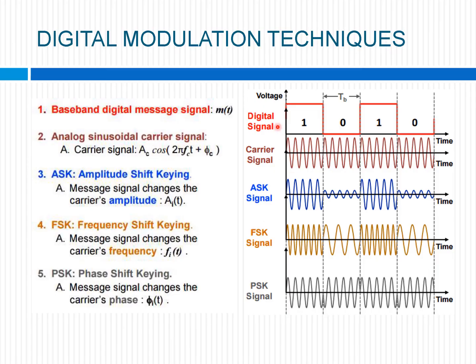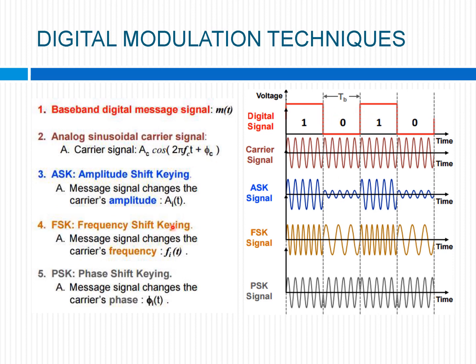So to summarize, we have discussed 3 digital modulation schemes. The input signal will be digital, and the analog carrier signal will be analog in nature. In amplitude shift keying, we change the amplitude of the carrier signal according to the binary input signal.